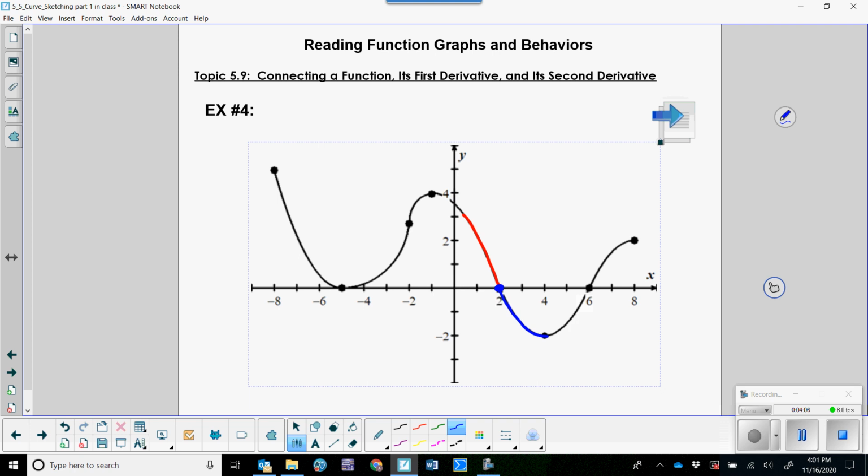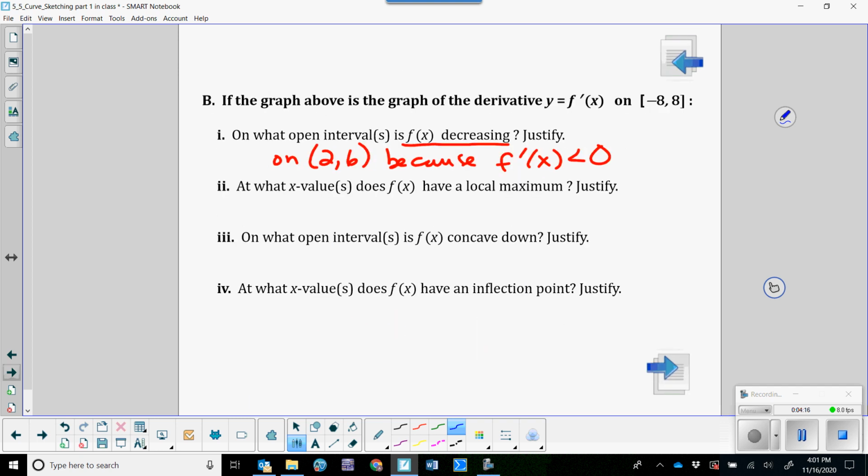If this graph is f prime, it changes from positive to negative only at that place, so that's where we have a local maximum. So we will have a local max at x equals 2, because f prime of x, which is the graph now, changes from positive to negative.